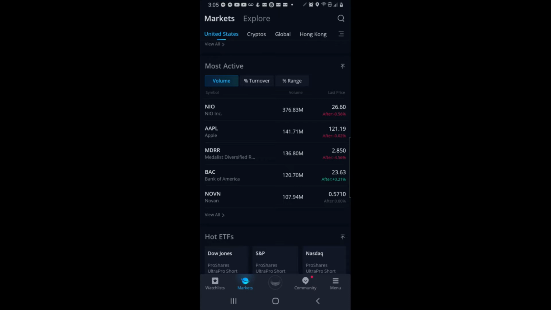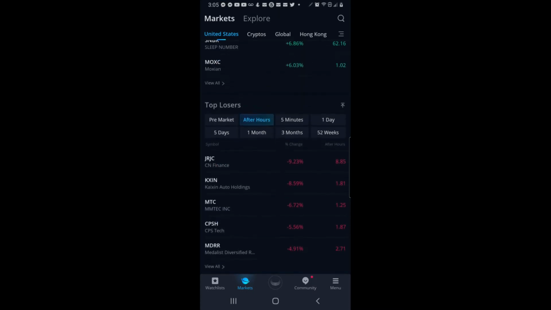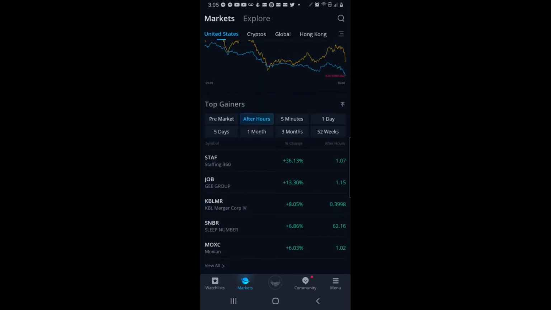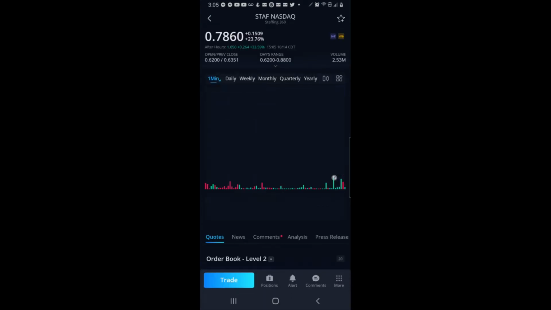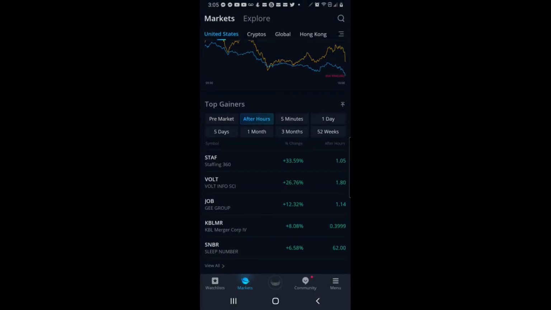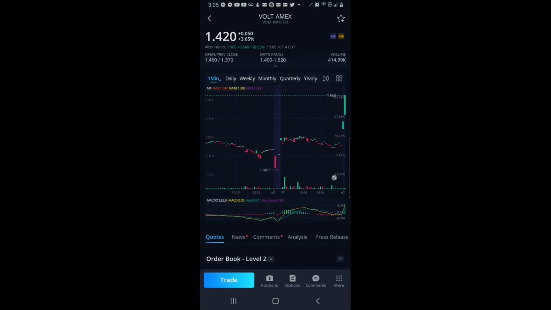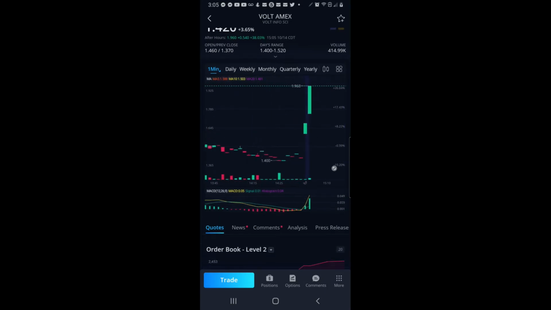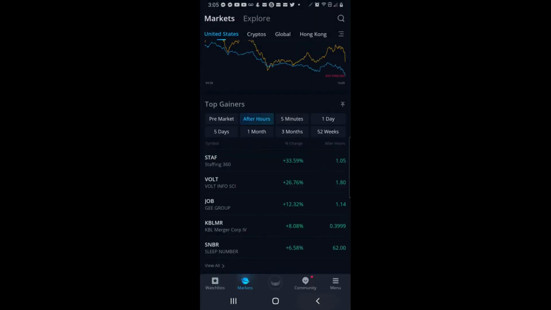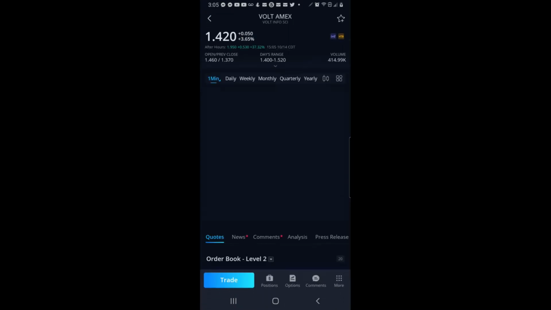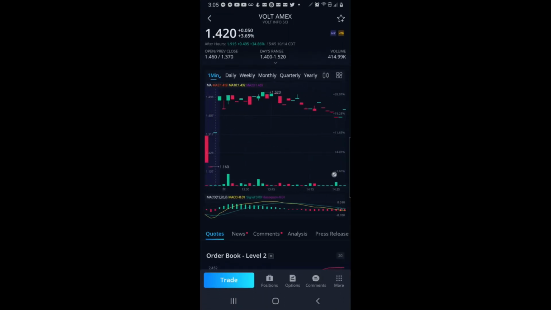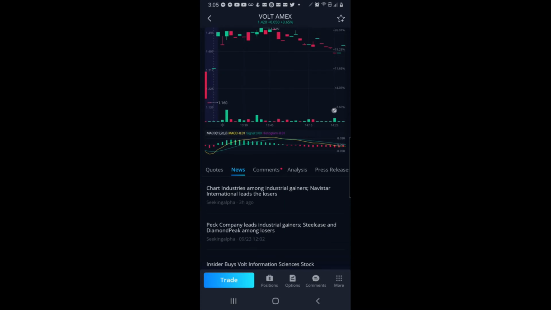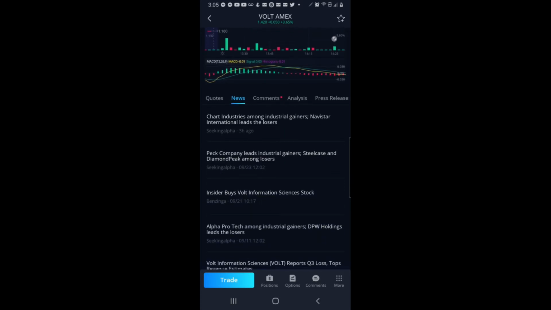Now the first two stocks are always the ones that I look at, because those are always the top stocks that people are putting money into, meaning those are the stocks that have the most recent news about them. If you go to the news, it will show you what's going on with those stocks, why those stocks are moving like that. So you always want to look at the first two stocks.